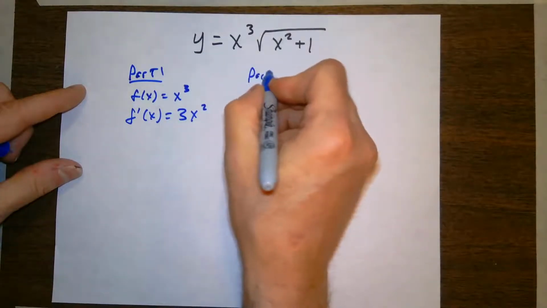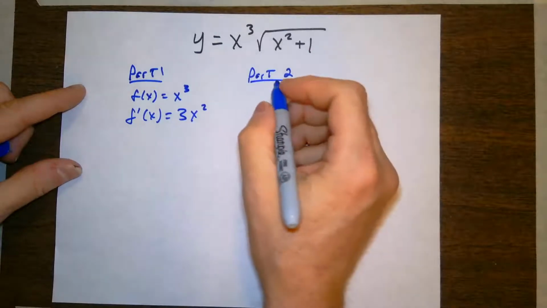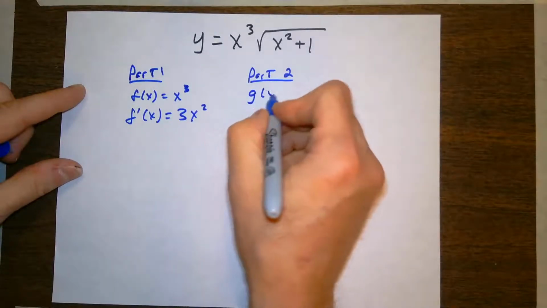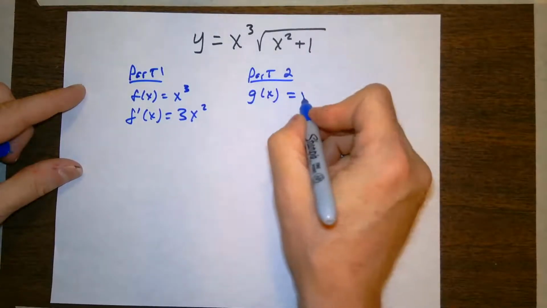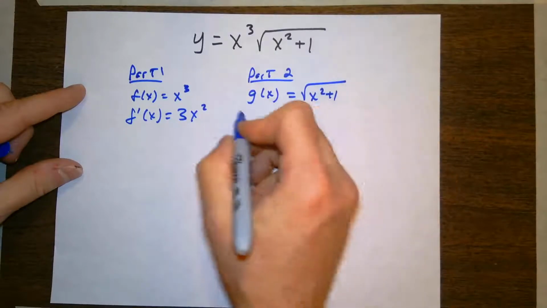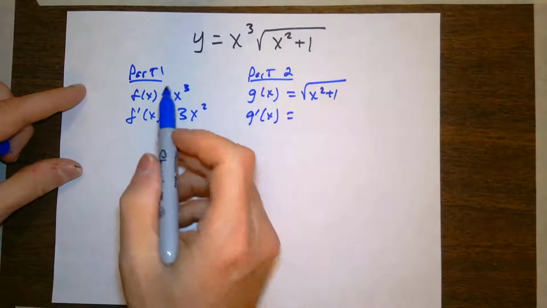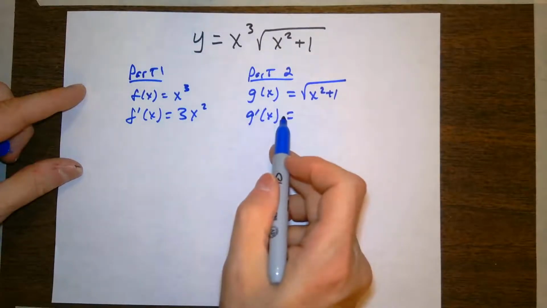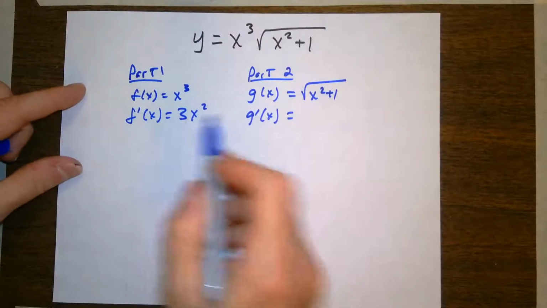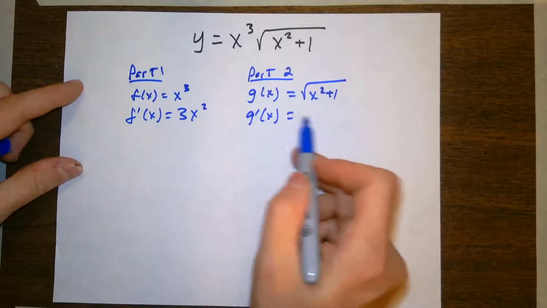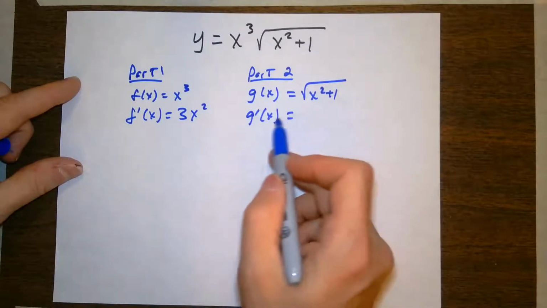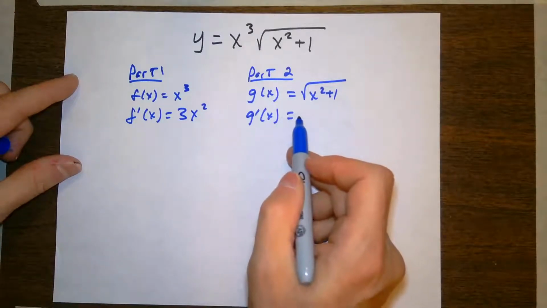Part 2 of this, I've got my g of x, the other function, which is the square root of x squared plus 1, and the derivative of g of x, because remember, I'm going to take the first times the derivative of the second, plus the second times the derivative of the first. Here comes the chain. Here comes the part that's a little bit more difficult, my g of x. How am I going to deal with that?